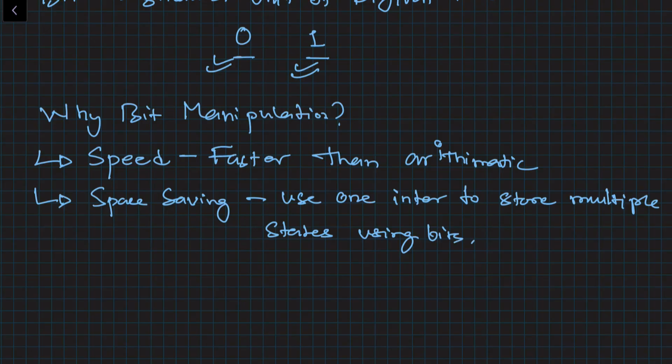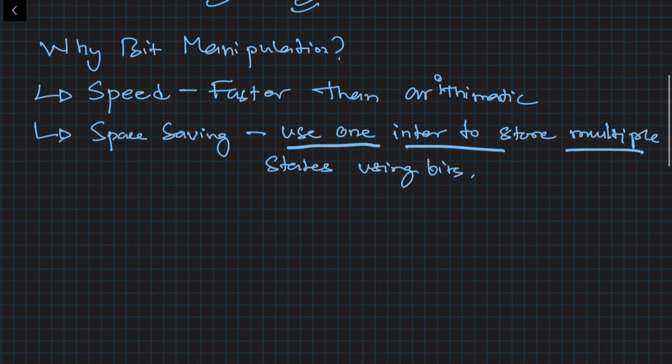I think you might be confused by this statement, how we are going to use one integer to store multiple states of bits. Don't worry, we are going to discuss this topic in detail in our upcoming videos. First, understand why it is important. So first, it is speed, second, it is space saving, and it is used to solve many complex DSA problems, which is important from an interview perspective. I hope you understand what bit manipulation is and why it is important.